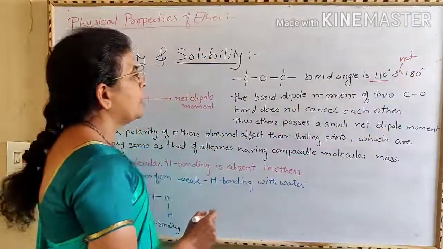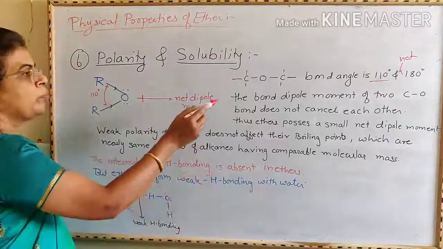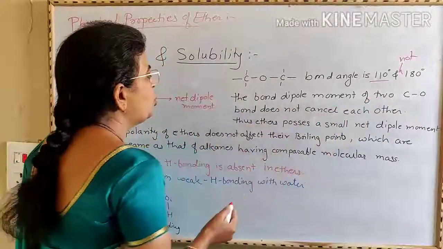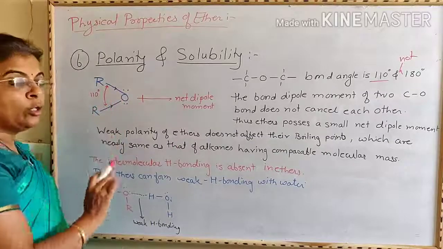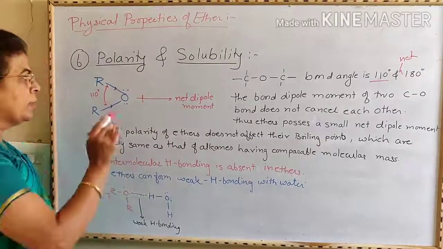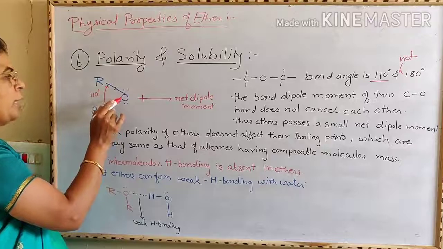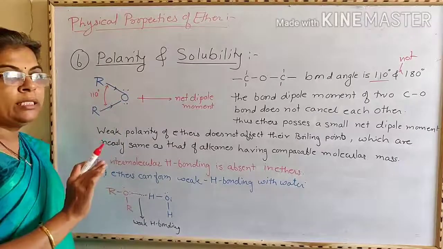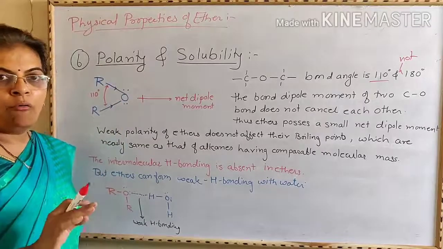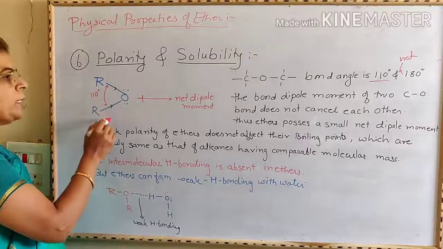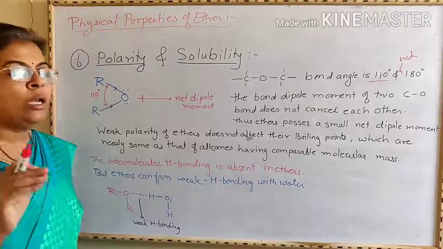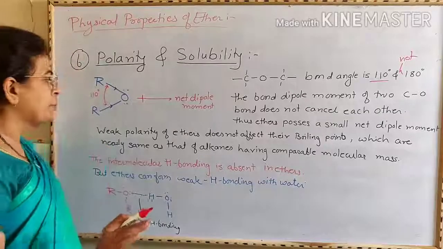Therefore, the bond dipole moments of these two CO bonds do not cancel each other, and therefore ethers possess a small net dipole moment.